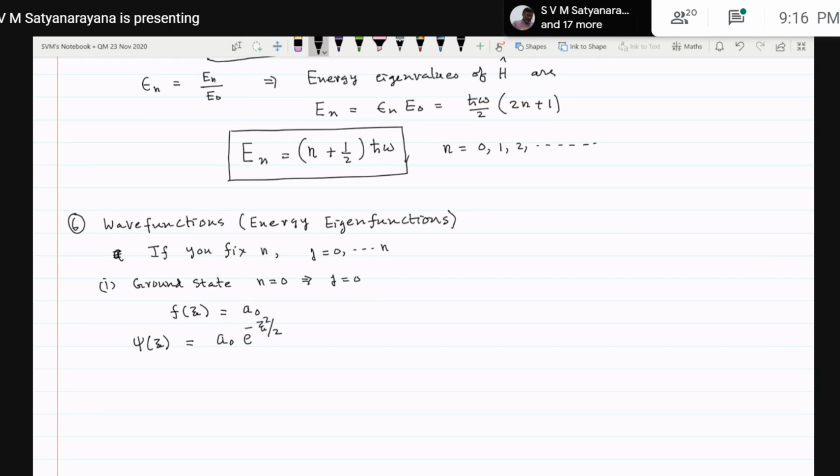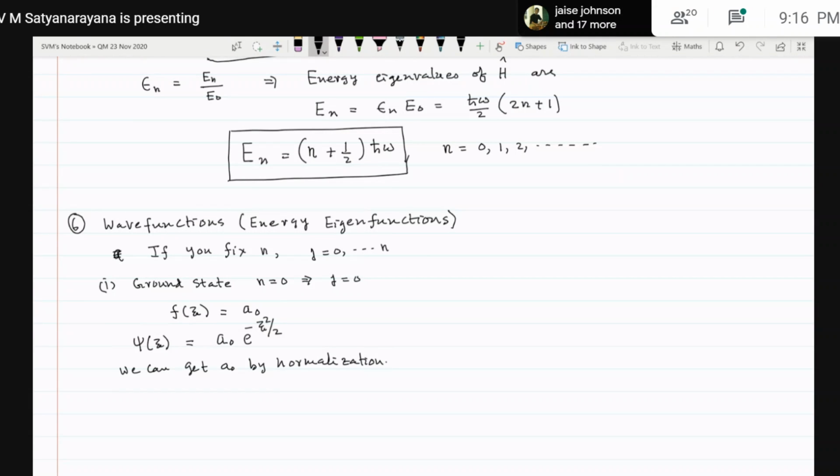Okay. Now a0 can be determined. We can get a0 by normalization. We can normalize this one and then get a0.